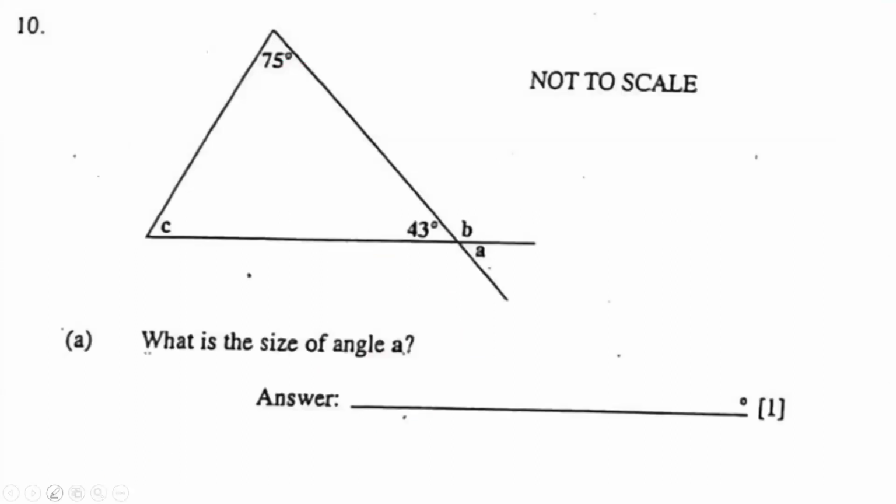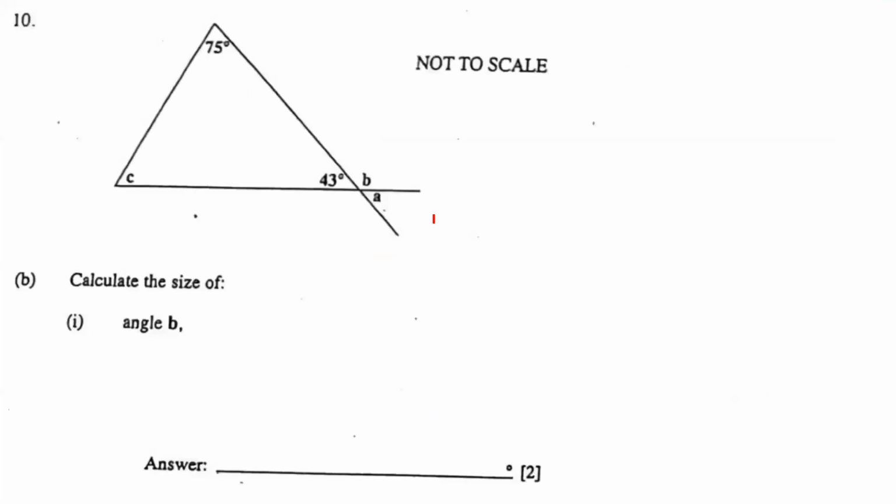So let's look back at our example. Here we have A, and A is clearly vertically opposite to 43. And so A is going to be equal to 43. Now let's move on to question B. It says, calculate the size of angle B. Well, what we do know is that angle B and 43 are on the same line.